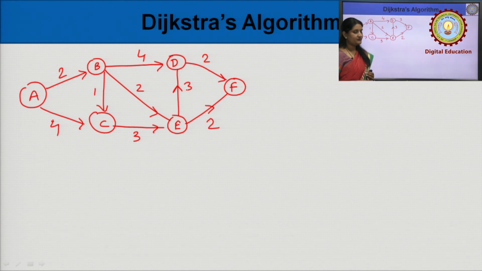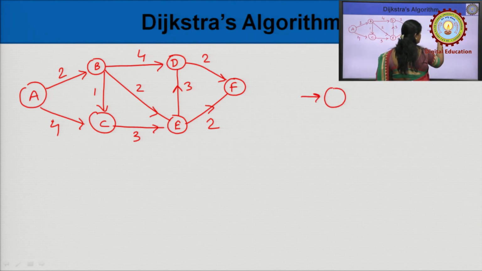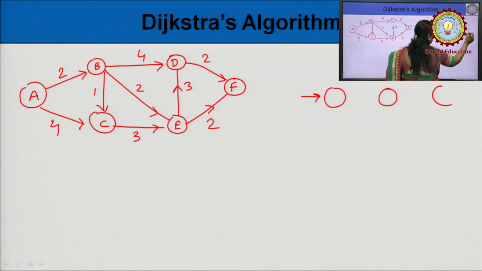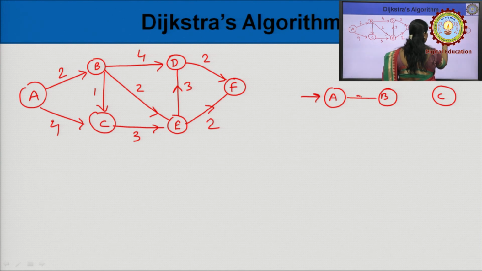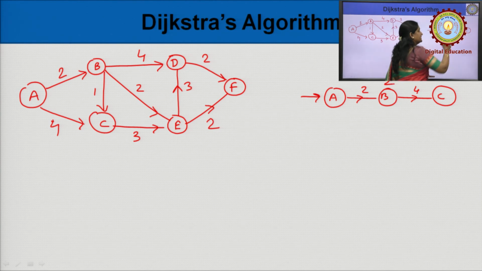The approach of Dijkstra's algorithm is that, suppose we just take a small graph A, B, C, with weights 2 and 4. If there is a path from vertex A to B, the shortest path from A to B is 2 if there is a direct edge.